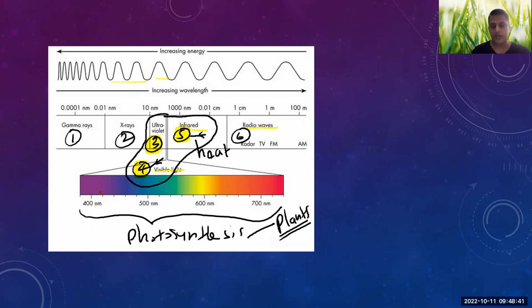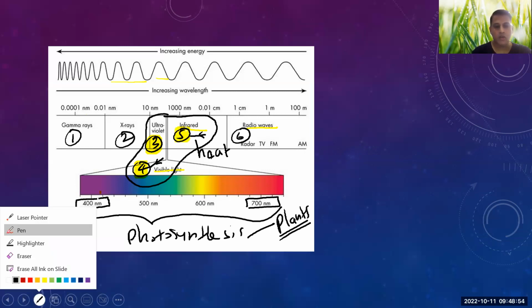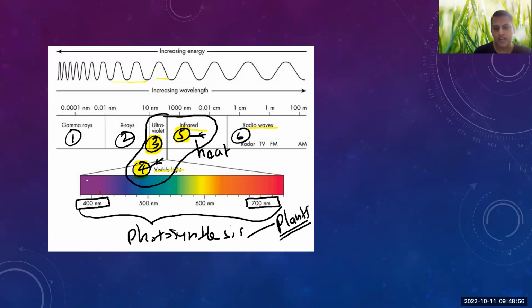Visible light wavelength starts from 400 nanometer to 700 nanometer. In this range, the first 400 nanometer is violet, then we call it indigo, a blue.